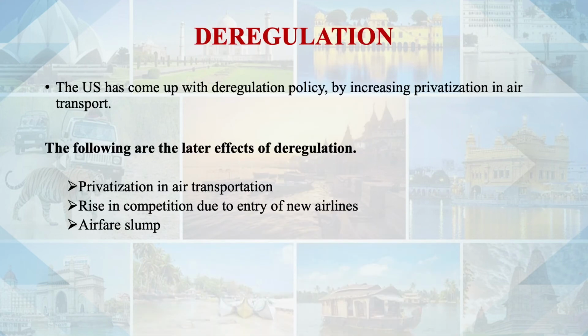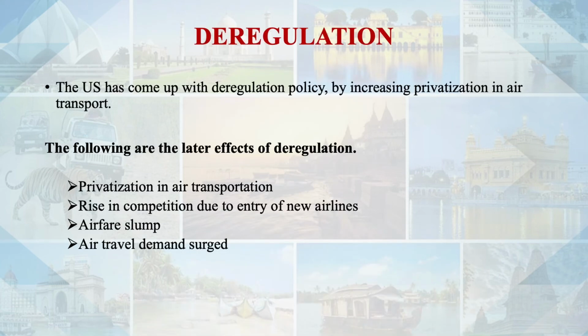Since competition was there, they had a fare war. Companies had a lot of competition in the fare as well. So airfare slump was there. There was a decline in fare. Travel costs reduced. When travel costs reduced, more people started to utilize air transport services. So air travel demand increased like anything.